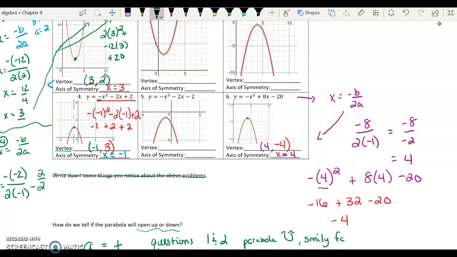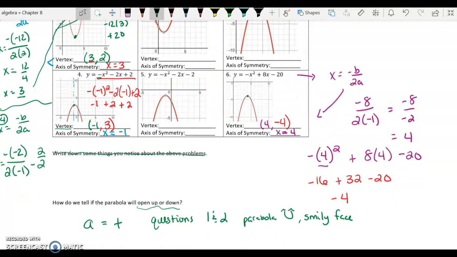That's how I remember it. If your A is negative, questions 3 through 6, the parabola opens down. I call that a frowny face, just because it's negative. This one would be up.